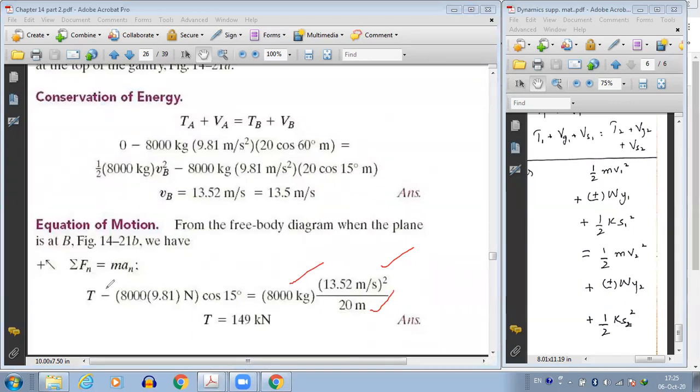The forces acting at this point will be the tensile force in the string minus the component of the weight in the direction of the string. So it will be 8,000 times 9.81 cos 15. So we'll find out the tension in the string.